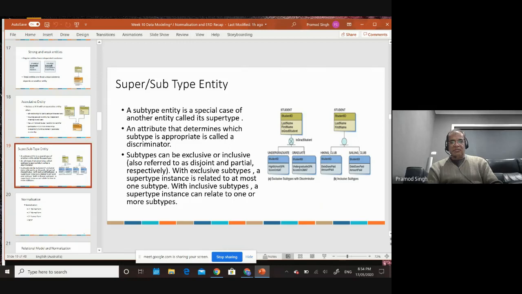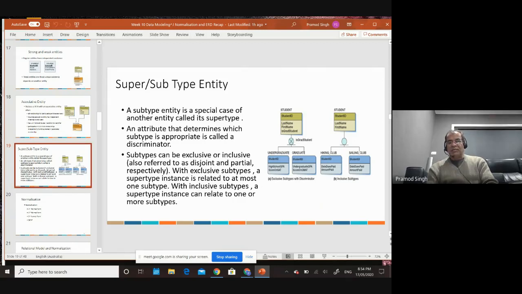There are two types of subtypes. The first one is exclusive, and the other is inclusive subtype. Exclusive subtype refers to a disjoint relationship, but when it comes to inclusive, it is very much dependent on the super type.